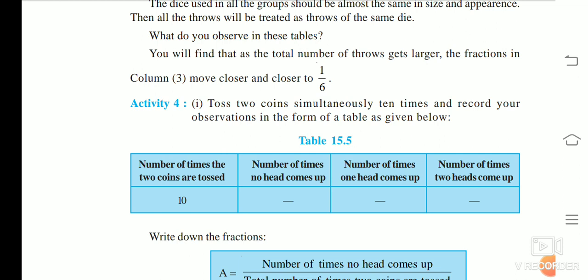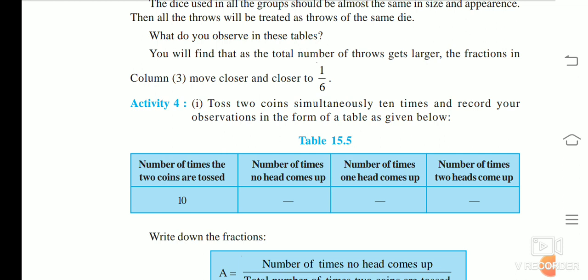Suppose in a third trial or fourth trial or any one throw, first coin head, second coin tail, you need to note down in the second column. So head in any one coin is your success. Both are tail, that is no head, you need to note down in the first column.